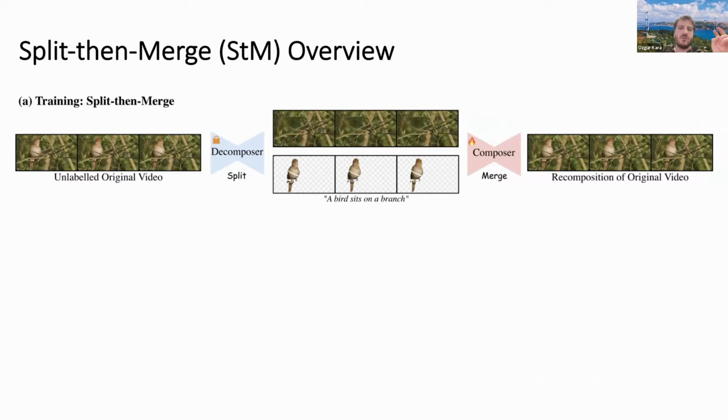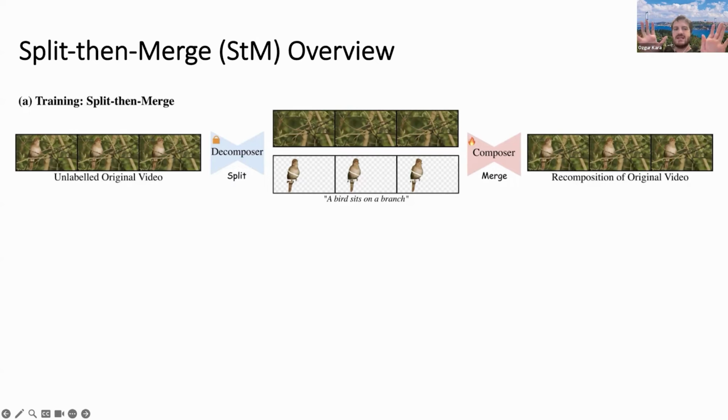We use a decomposer to split it into a foreground and a background, and we produce a text prompt that describes the original video. Then we perform training in the composer step, or merge step, to merge these elements back together to reconstruct the original video.